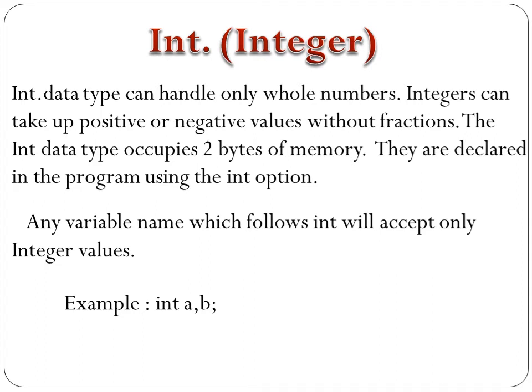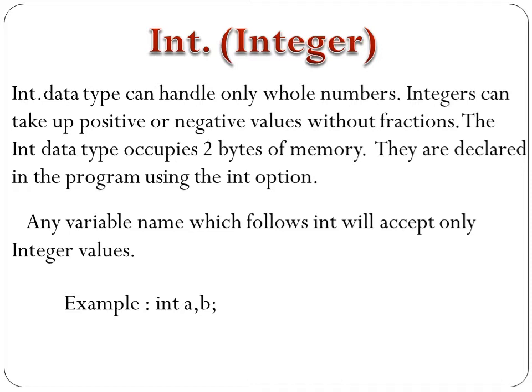The data type int handles only whole numbers. Integers can be of positive or negative values without fractions. The data type int occupies 2 bytes of memory. 1 byte is equal to 4 bits and 2 bytes is equal to 8 bits. So these integers are declared in the program using the int option.